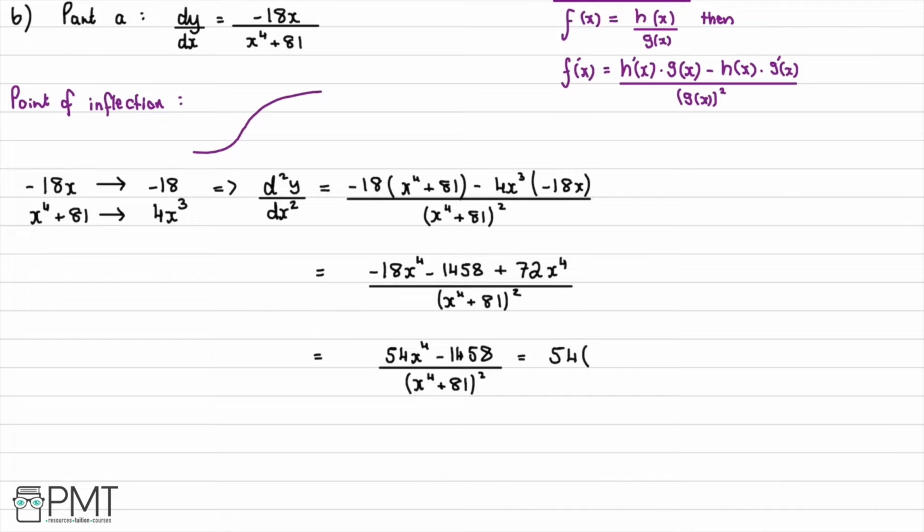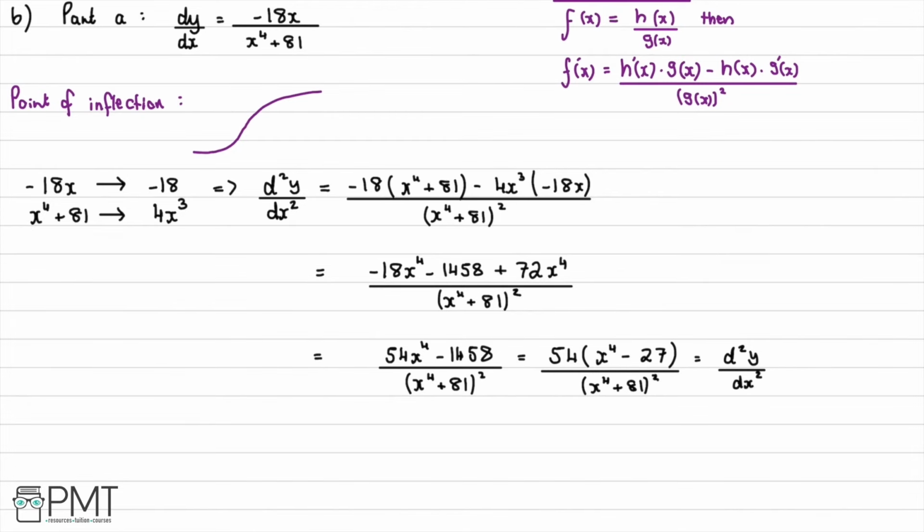So that's going to be 54 lots of x to the power of 4. Then we take away 1,458 divided by 54, which is 27. And then we divide this by the denominator, which is the same. So it's going to be x to the power of 4 plus 81, and we square this. So effectively, this is our expression for d squared y by dx squared.